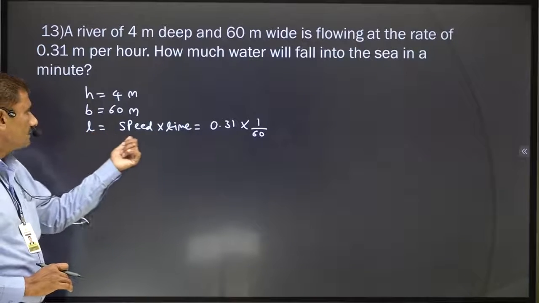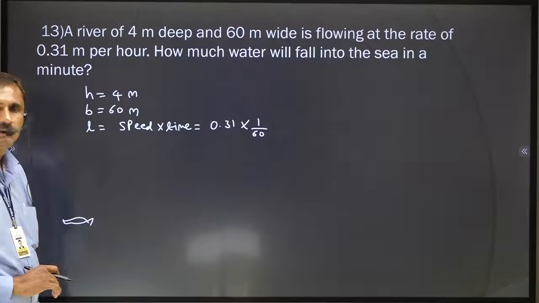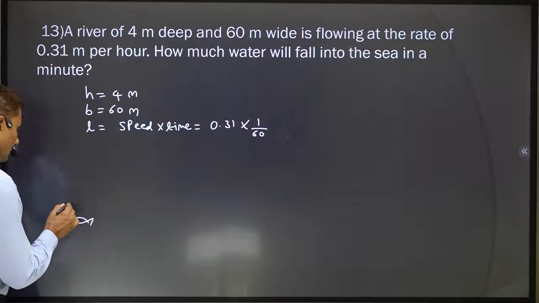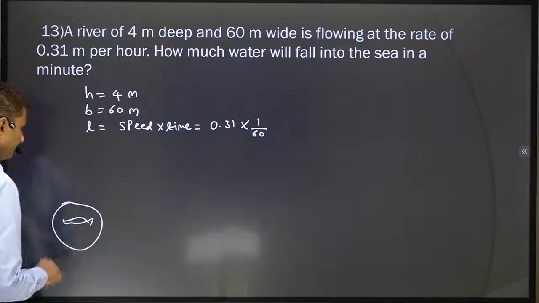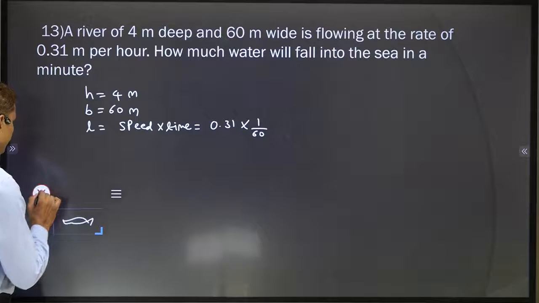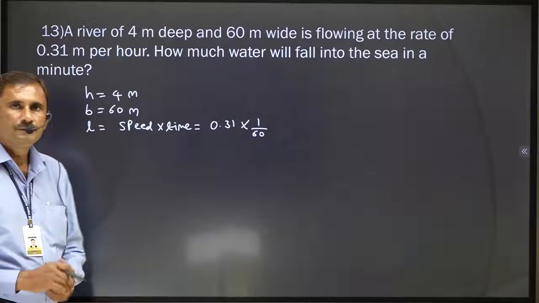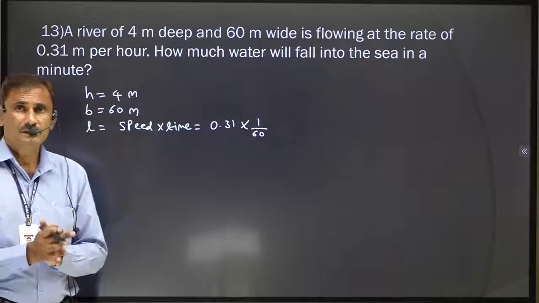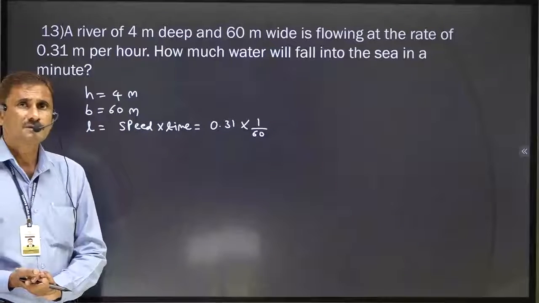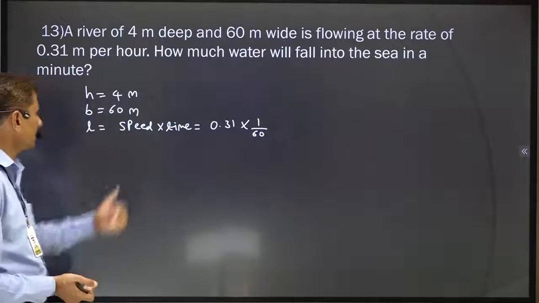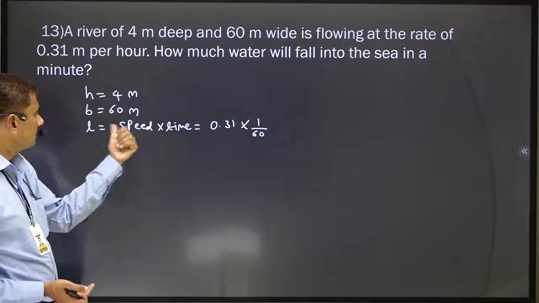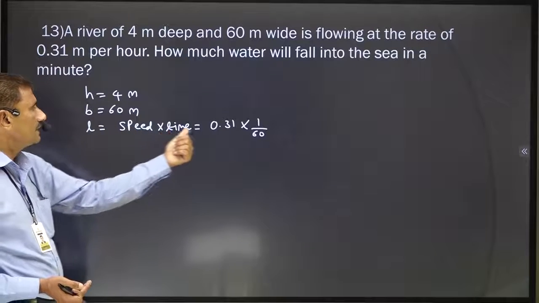Always find first of all the length. How? Speed into time, because they usually give in this type of question speed as well as time both. So I place that formula: distance equals speed into time.